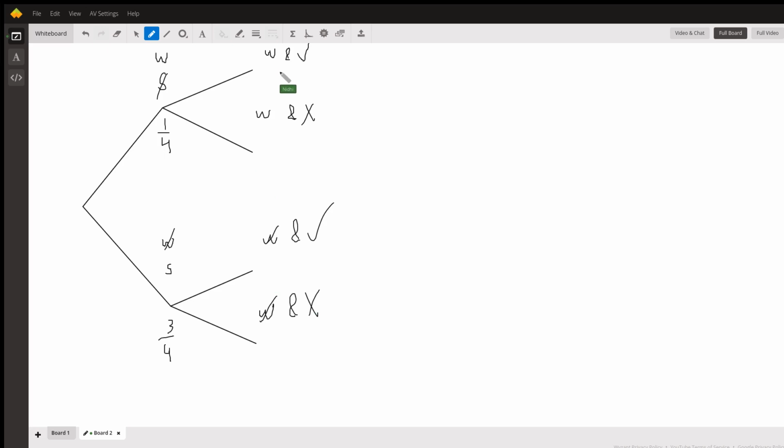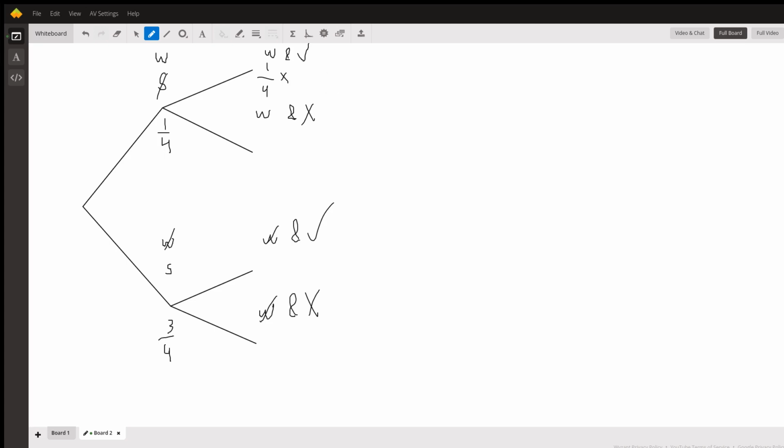Now, to figure out the probability that you're working and you get a good grade, you have to multiply the 1/4, which is the probability that you're working, by the probability that you're getting a good grade in this situation.